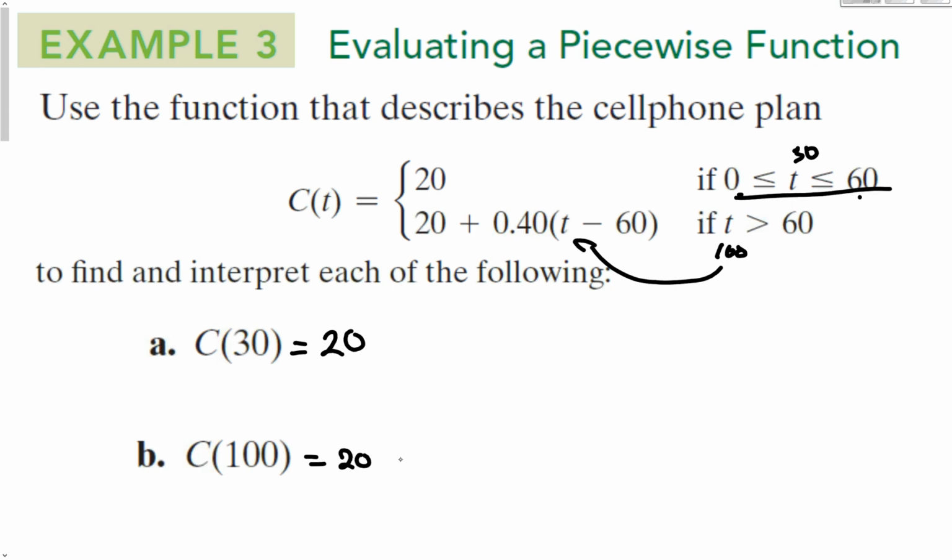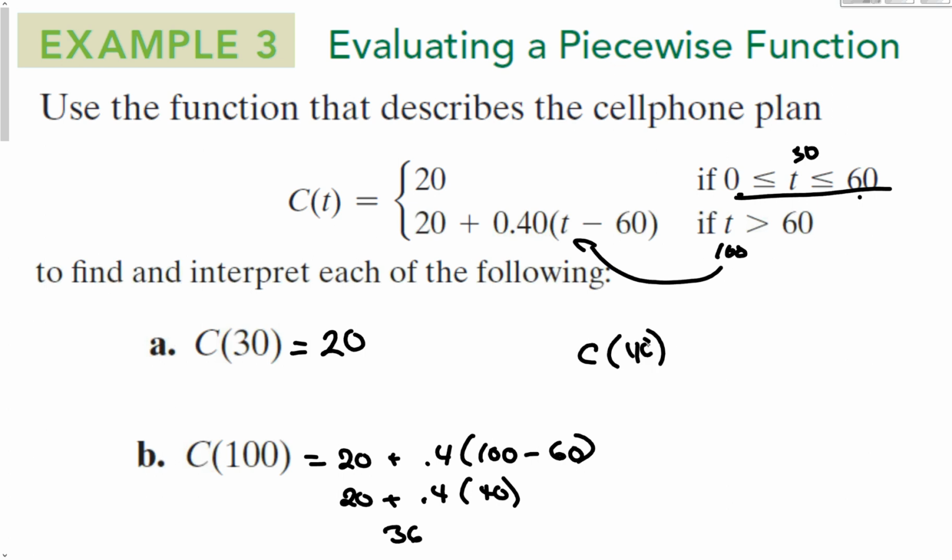So this turns into 20 plus 0.4 times 100 minus 60. So that's 20 plus 0.4 times 40, which is, whoops, not 32, sorry, 36. If I wanted to, I could do this for any number.